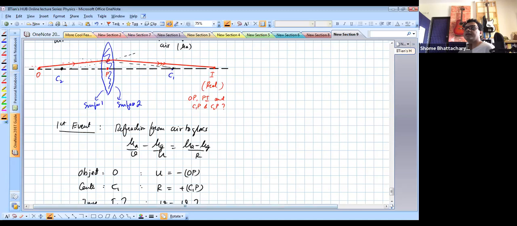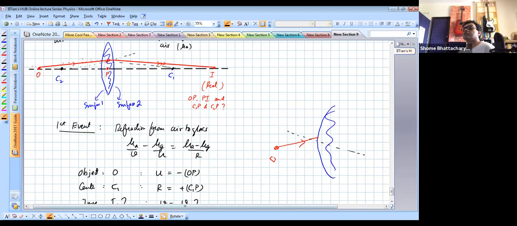So according to the diagram above, what I'm kind of hinting at is that this is what should happen. That when the light from this point object over here is incident over here, for which the normal is something like this, let's say.